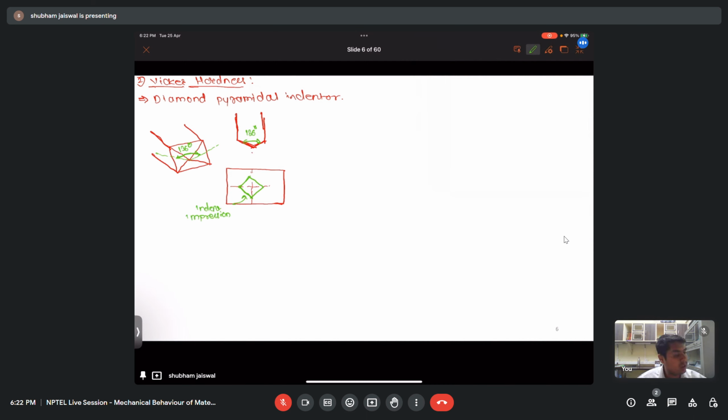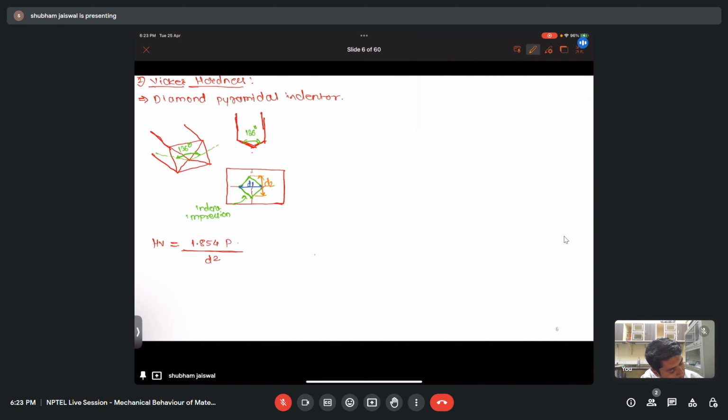Okay, so in this case, let's say this is my D1 and this is my D2, and the average of these two will be my D. The Vickers hardness number, or HV, is given by the formula 1.854 P divided by D square.